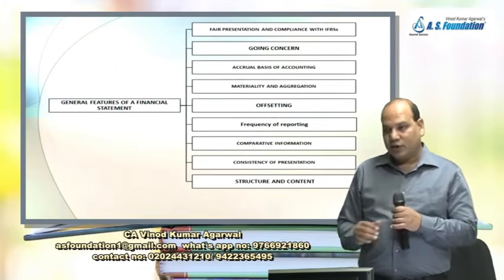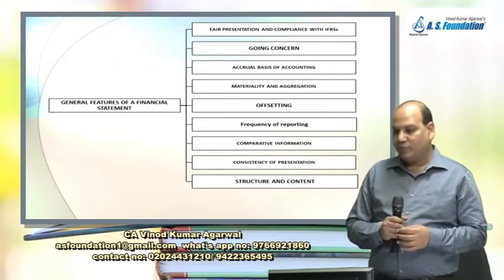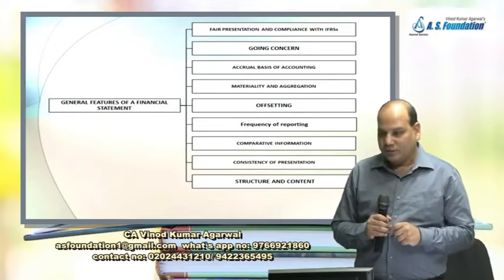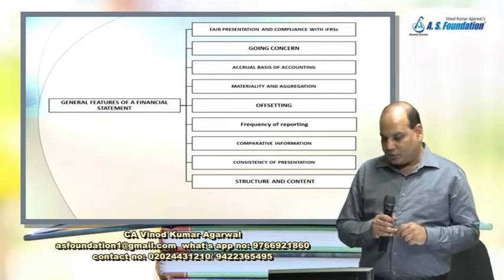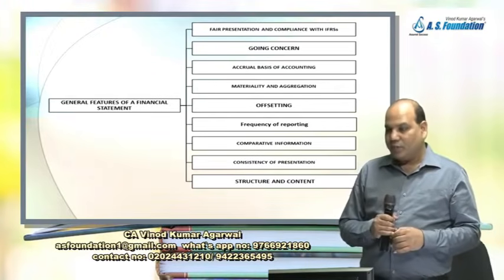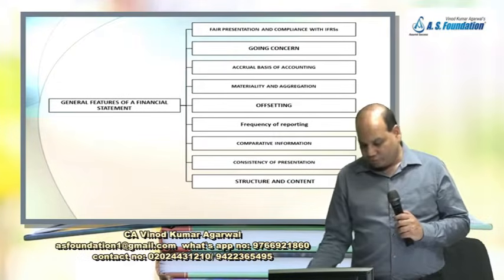General features of a financial statement. As per IAS 1, the following are the features which a financial statement must have. First, this is a list of what we are going to do in the next few minutes. Fair presentation and compliance with IFRS.